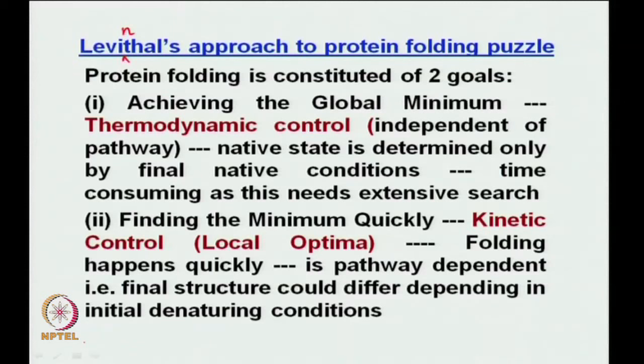So, when you are talking about this number 2, finding the minimum quickly, it says that the folding happens quickly, it is pathway dependent, and the final structure could differ depending on initial denaturing conditions.